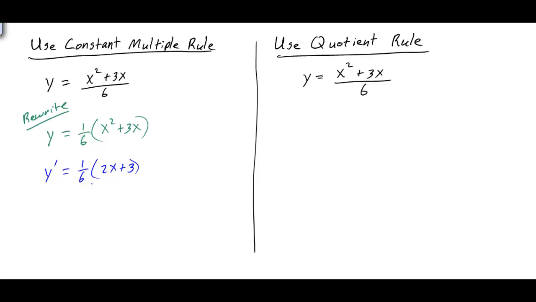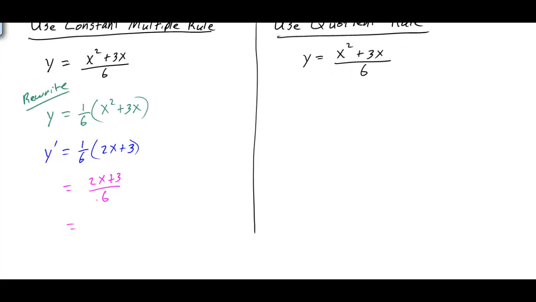And at this point, if you wanted, you could actually distribute the 1/6, and that would be perfectly fine. Or we could simplify this, and we could simply write it as 2x plus 3 over 6. And of course, you could reduce from here if you would like. We could simplify this further with the 2 and the 6. Again, you could divide the 6 into both of them.